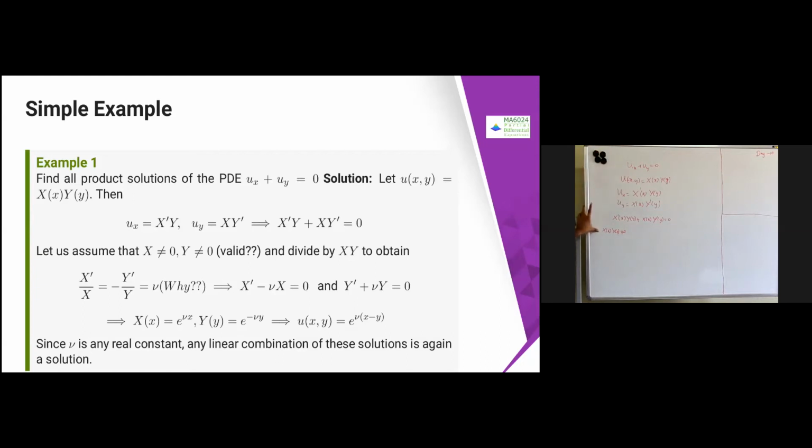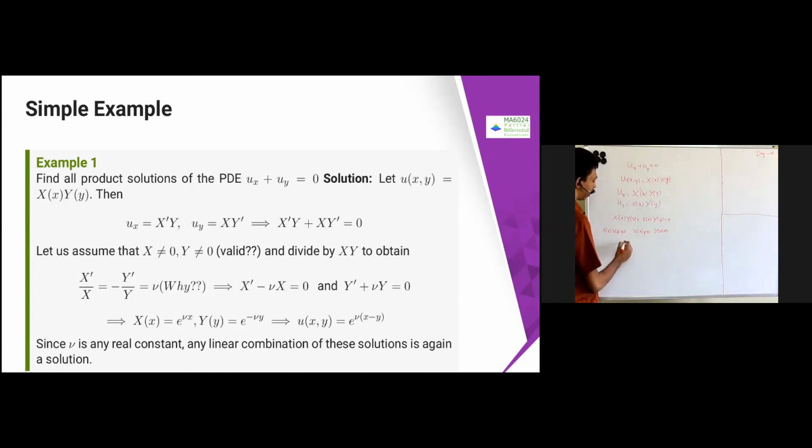We are not interested in such a solution. So we are assuming that X of x is not equal to 0, and Y of y is not equal to 0.